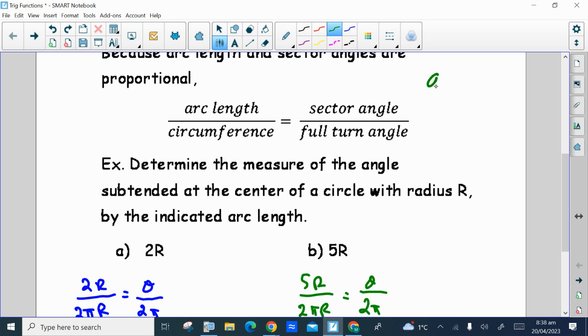We just worked with the arc length formula, which was that arc length A equals r theta, or theta equals A over R, the radius. So that was the formula that we worked with in 30-1. So we've extended a little bit here with this relationship.